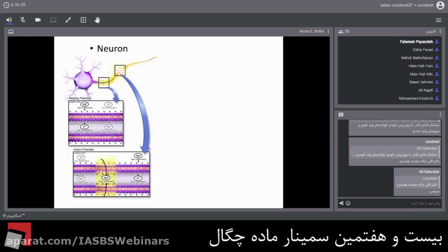However, if some stimulus is received, either through the dendritic connections or else from a neighboring neuron by a synaptic connection, then provided a certain threshold is met, there's a channel that will enable sodium ions to flow to the inside of the cell, and that would locally disturb the equilibrium.